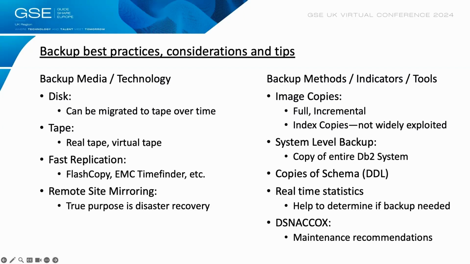So yeah, I've already said, I think it's a really great thing. But also, when you're going to look at recoveries, you've also got to back up things like the DDL, because if you drop something, then you're going to need to see what the object was like.